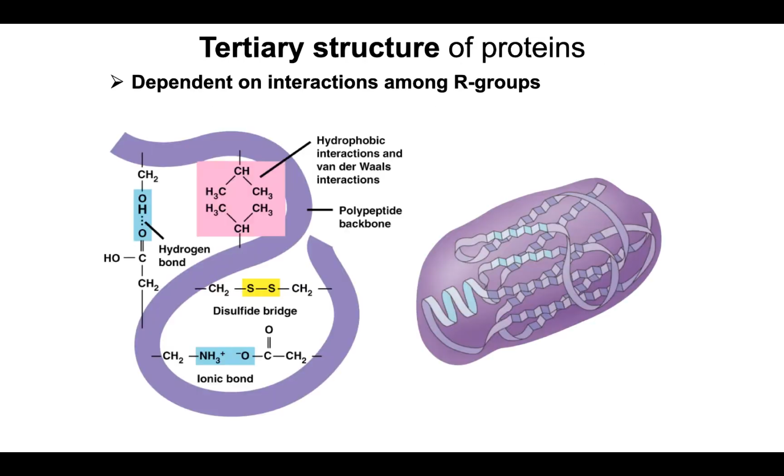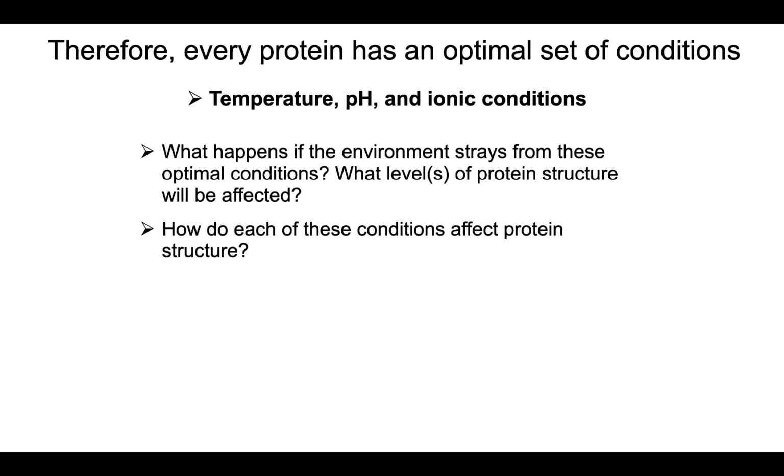What won't be affected is the primary structure, because that doesn't depend upon weak interactions. It just depends on those peptide bonds connecting the adjacent amino acids together. And peptide bonds are covalent bonds, and temperature, pH and ionic conditions aren't going to be enough. You'd have to really increase the temperature to start breaking down those covalent bonds.